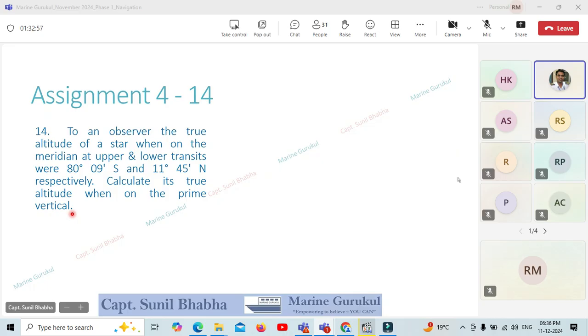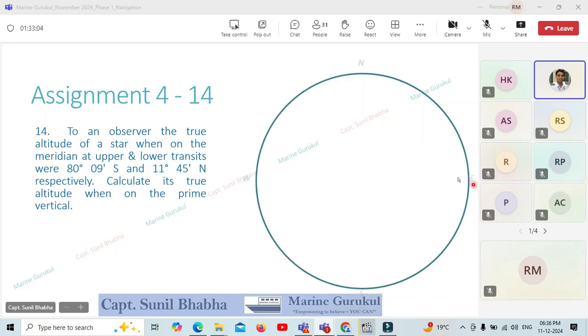So let's try to put all the required information in the diagram. We have the rational horizon. We mark the NESW points. We mark the center of the diagram as the zenith of the observer. Let's now put all the information given to us. Now you see the upper transit of the star was 80 degrees 9 minutes south. Southerly bearing is represented by line ZS, and S point is the horizon.